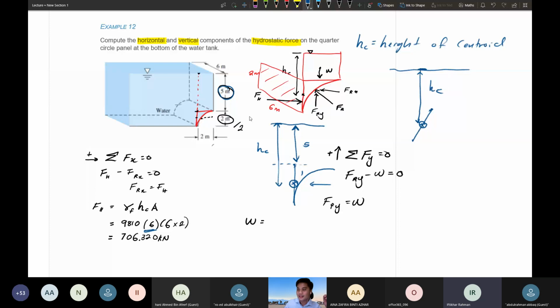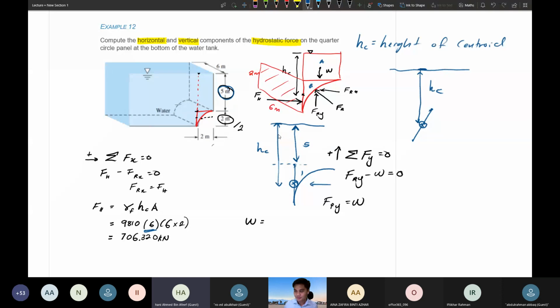Yes, that is a formula. But I ask you, the weight of which block do you consider? Block A or block B? Block A. Okay, why block A?